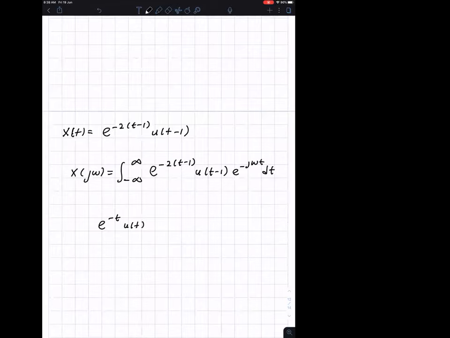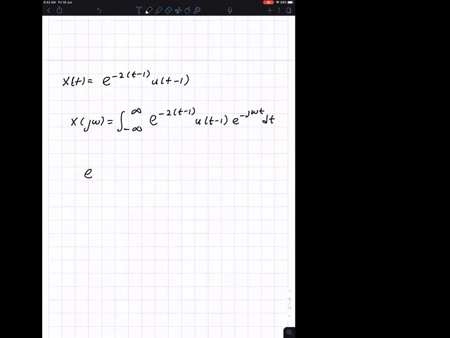From the table, the Fourier transform of e to the minus a t u(t) is 1 over a plus j omega.